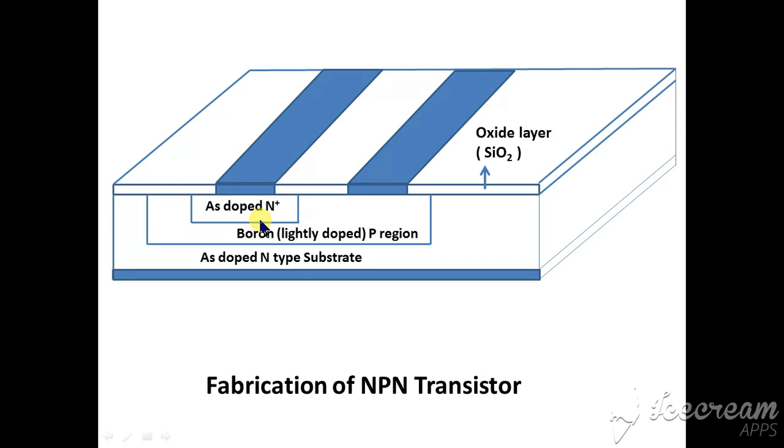After that, metallic contacts are made to the N plus and P region through the oxide windows and to the N region at the bottom. In this way, we form three terminals named emitter, base, and collector.